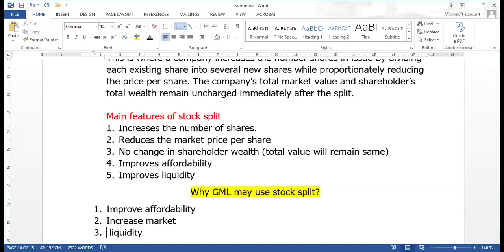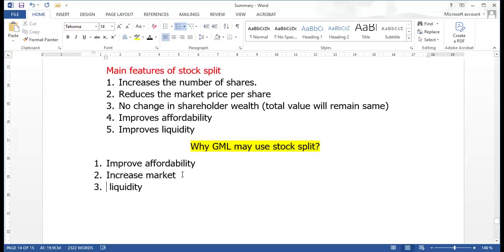What else can we really say? What else? Yeah, we can say it improves liquidity. It improves liquidity because low-priced shares attract more buyers, and those buyers will be in position to bring in more what? More cash.